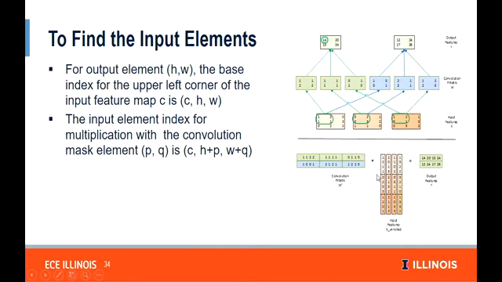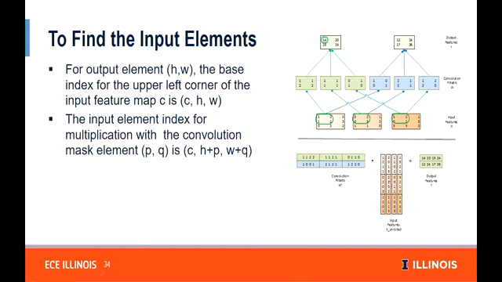I know how to find the beginning of each section in the input feature map, I know how to find the beginning locations in the unrolled matrix, and I know how to find all the elements inside the feature map for filling in the positions of the matrix.